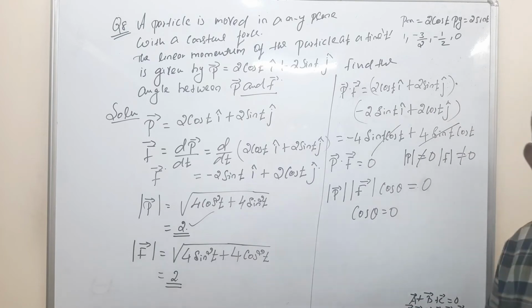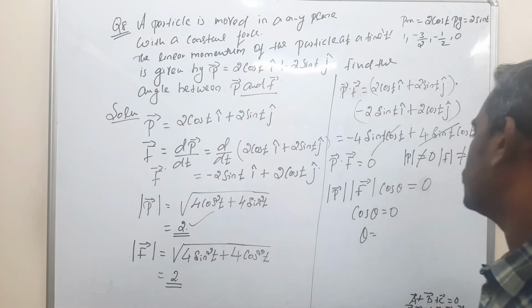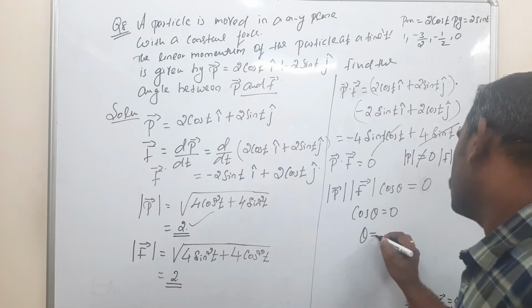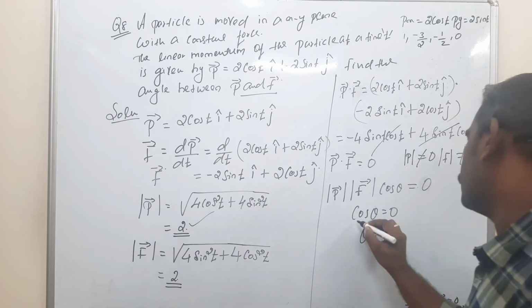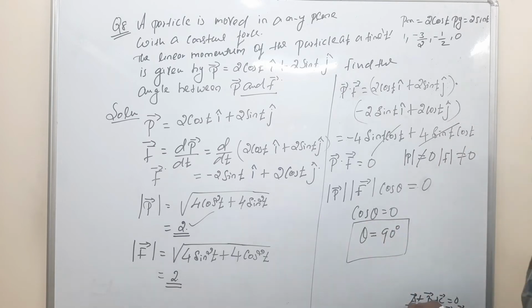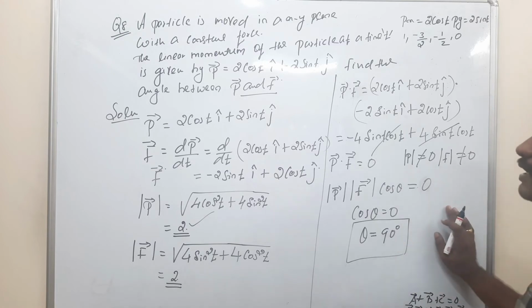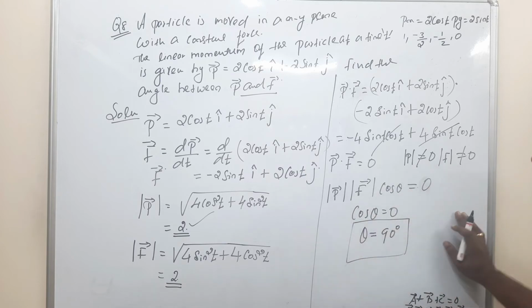Cos theta is equal to 0, so theta is equal to 90 degree, since cos 90 is equal to 0. What we have to find is the angle between P vector and F vector.